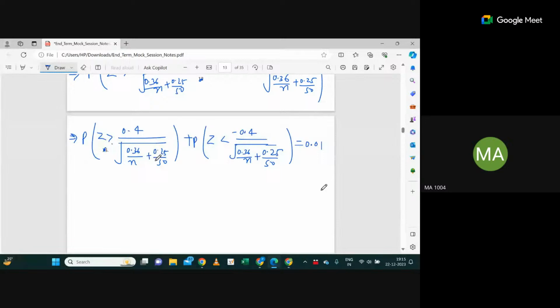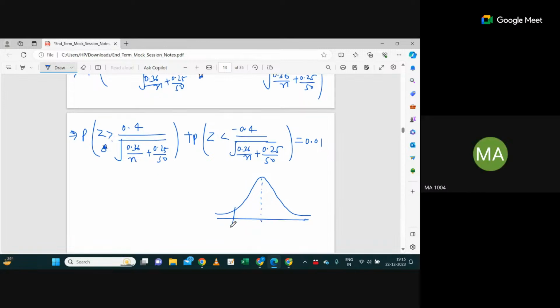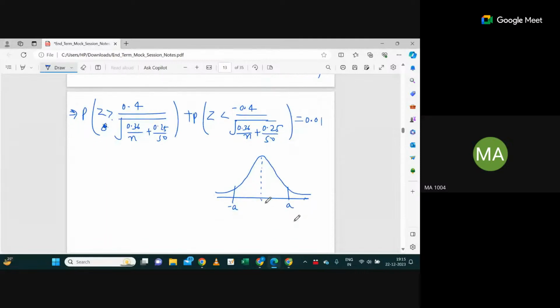Now, I have to convert to standard normal form, but this is the greater than sign. To convert to FZ value, I need less than. If you see the normal distribution curve, it's a bell-shaped curve, right? Suppose I have this point as minus A and this point as A. This is a symmetric curve, so due to symmetry, this part will be equal to this part.